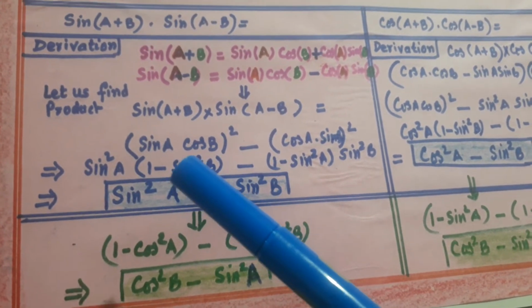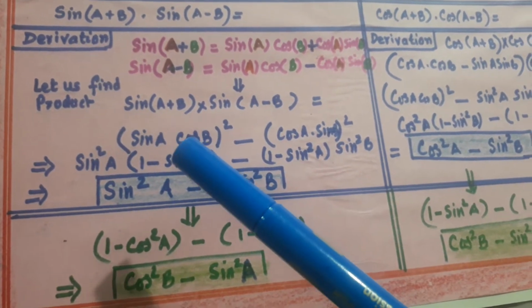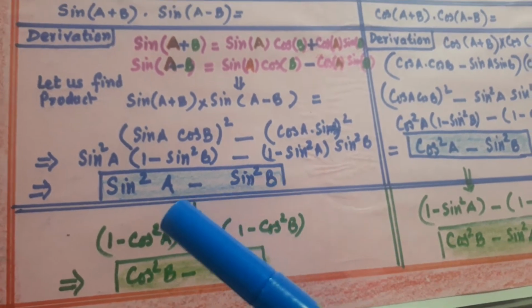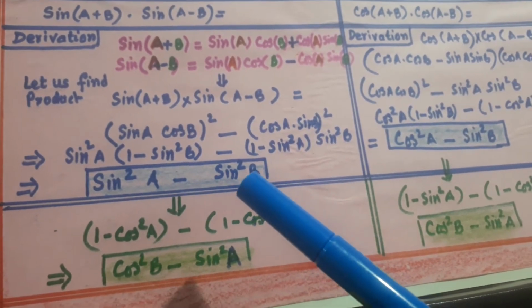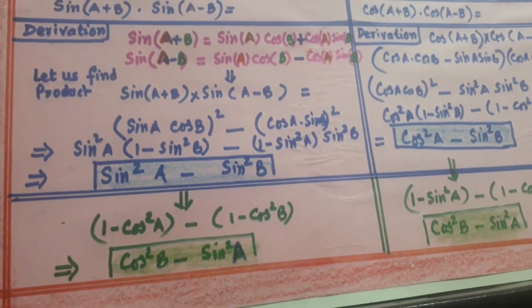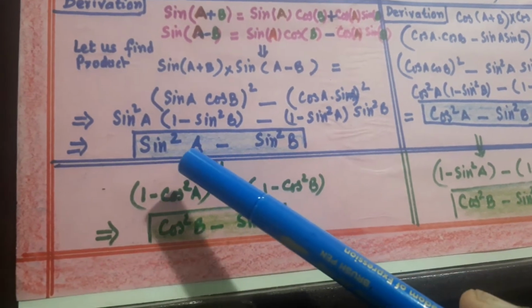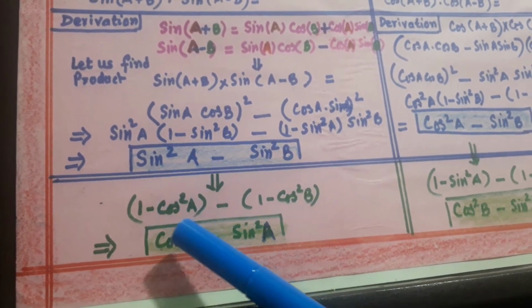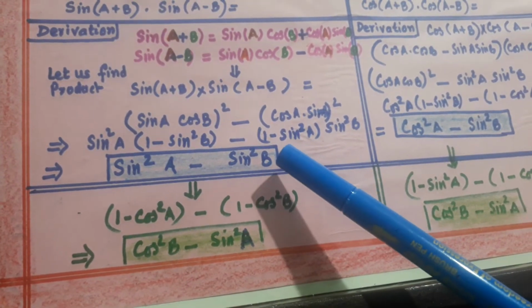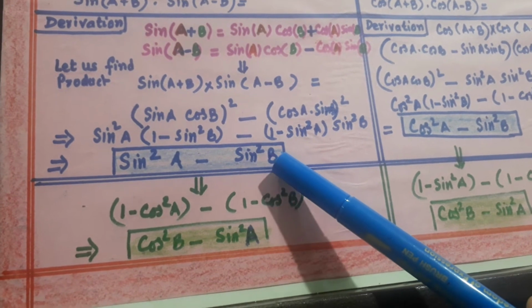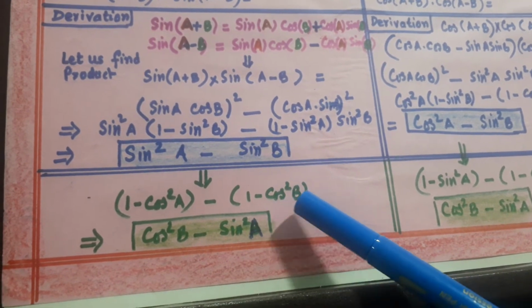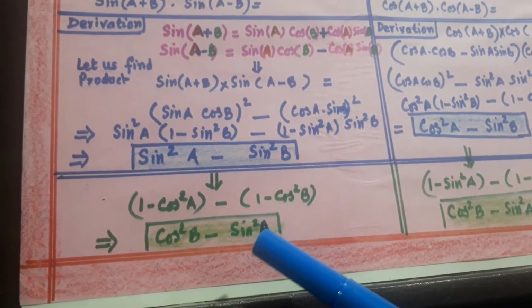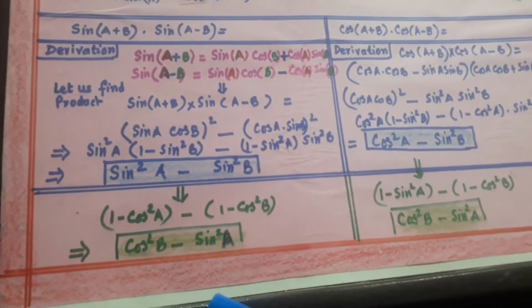So, when we will solve this, we will get sin square A minus sin square B. And when sin is converted into cos, so sin square A is 1 minus cos square A, and this sin square B is 1 minus cos square B. The formula becomes cos square B minus cos square A.